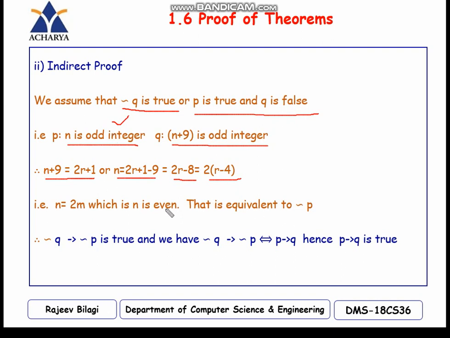Now I am getting 2m, an even number, so it is equivalent to the negation of Q. So the negation of Q implies the negation of P is true. Correct? So with this, we can say the negation of Q then the negation of P is logically equivalent to P then Q. Hence P then Q is true. That is how we prove it.